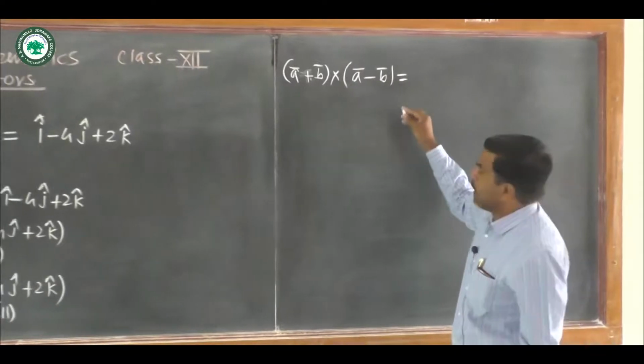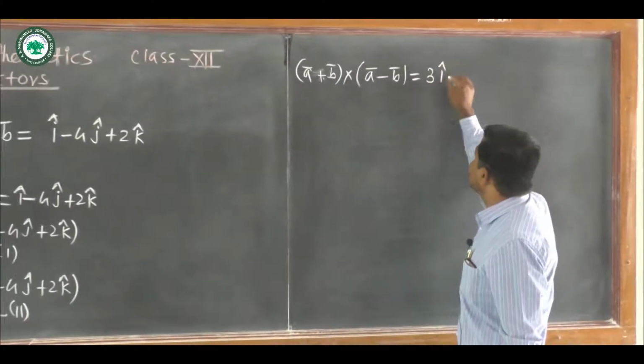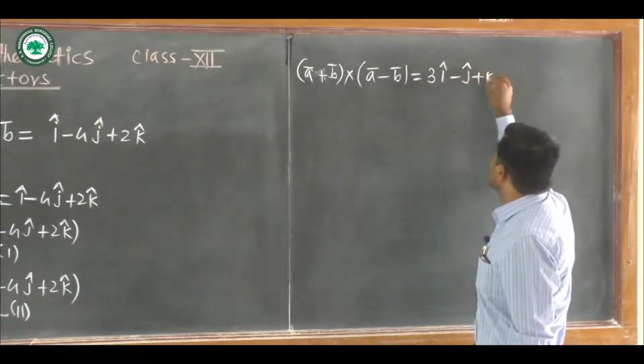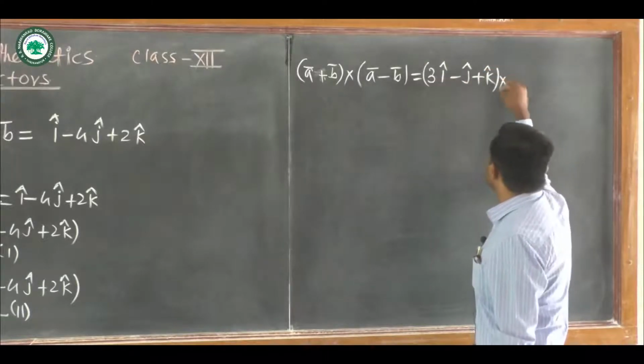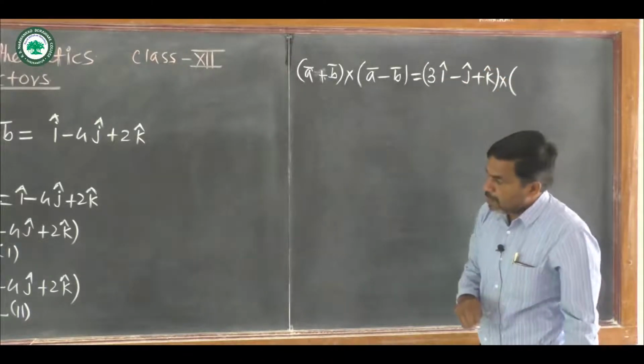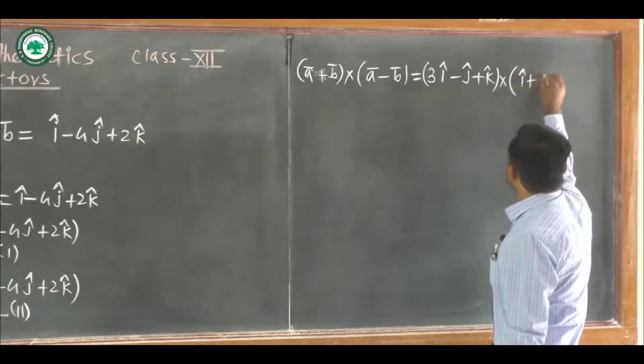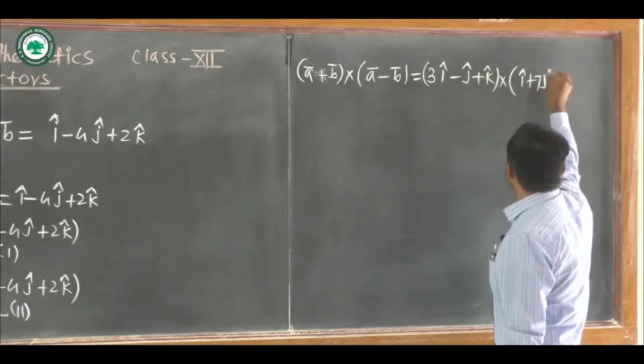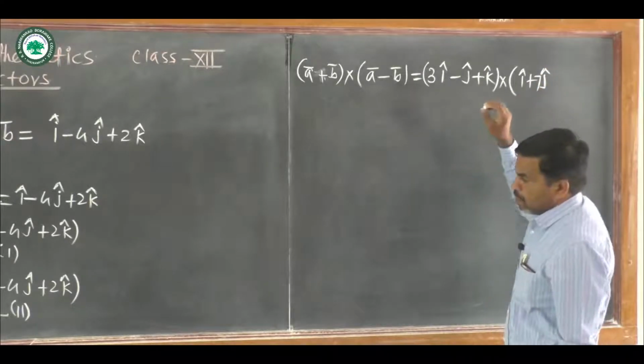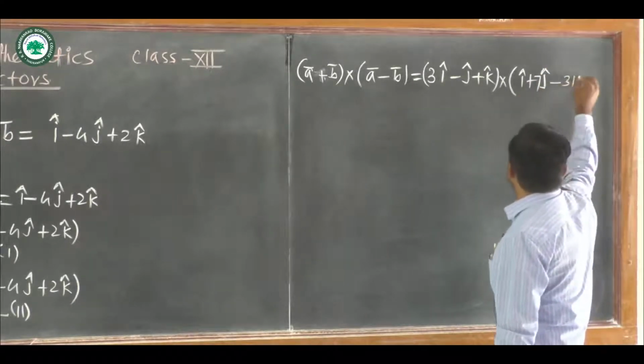This is 3i cap minus j cap plus k cap, its cross with a bar minus b bar, and a bar minus b bar is i cap plus 7j cap minus 3k cap.